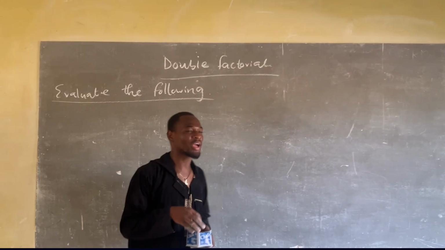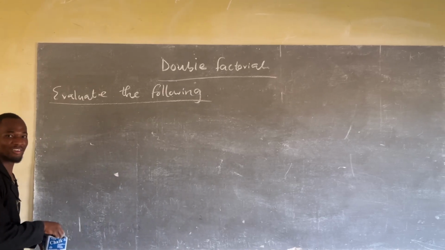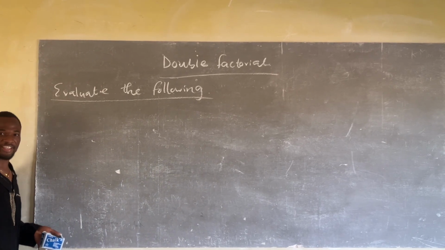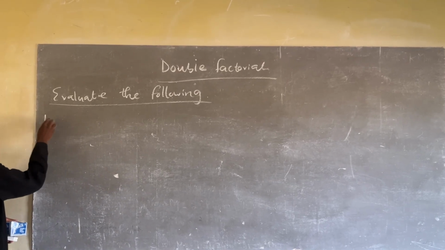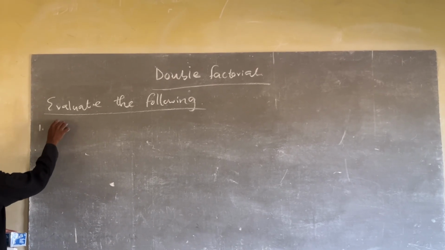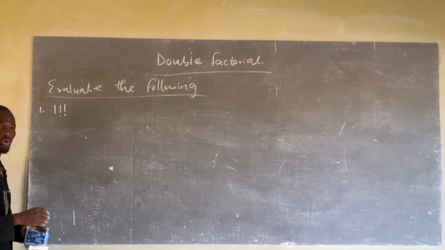Okay, so viewers, I have a question on the board. I'll just write down the question very soon. So number 1, let's say we have 1 double factorial, right?